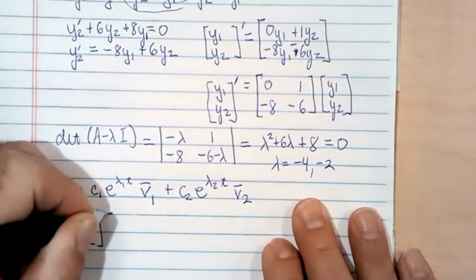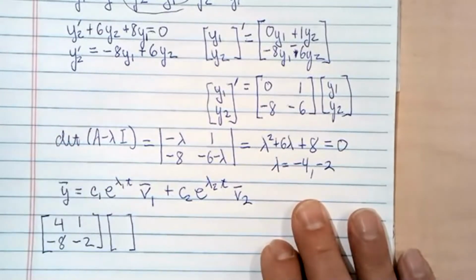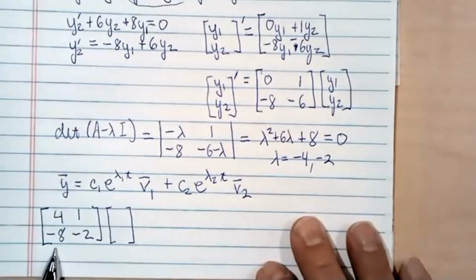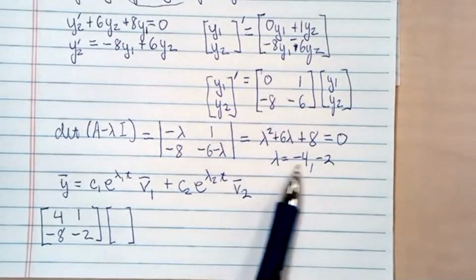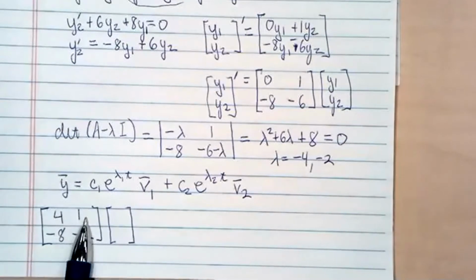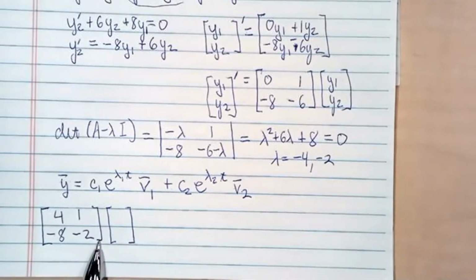And I'm just trying to figure out, can I find a vector in the null space? Well, by the way, with 2x2 systems, this always happens. Once you've subtracted an eigenvalue, it always turns out that one row is a multiple of the other. So in this case, if you took -2 times the first row, you get the second.